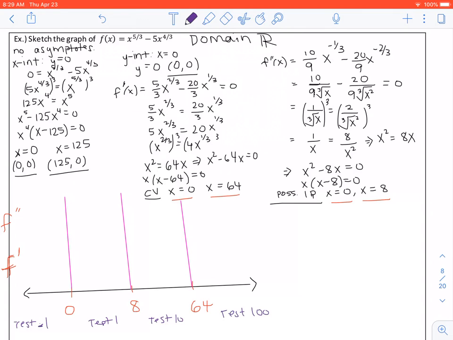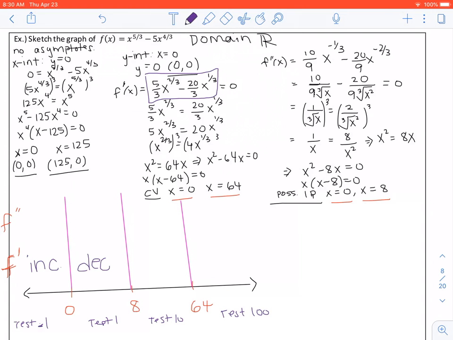But we are looking at the sign. So if you look back up at your first derivative that we had, and I'll box it up here, and you were to test -1, and you substitute that in, when you do, you will get a positive value, and that means that because it's positive, that function is increasing. Likewise, if you were to test 1 in there, you will get a negative value, and that means that it's decreasing.